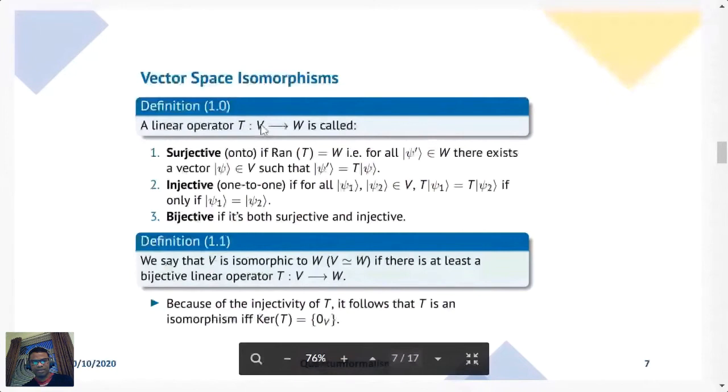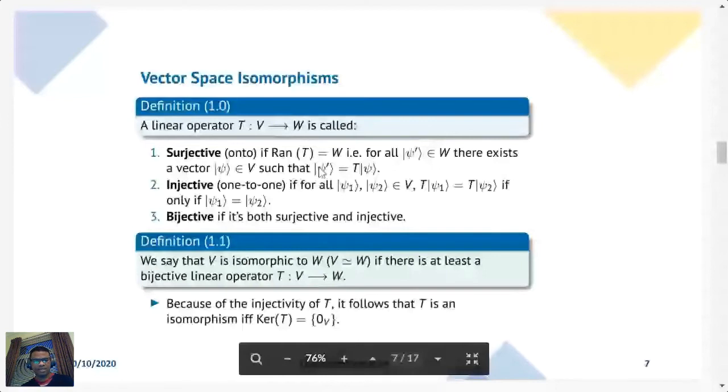So that being said, we say T is surjective, I believe in English literature we call it onto, if the range of T is the entire space W. In other words, for any element psi prime in W, you will always find an element psi in V such that psi prime is the result of T psi.